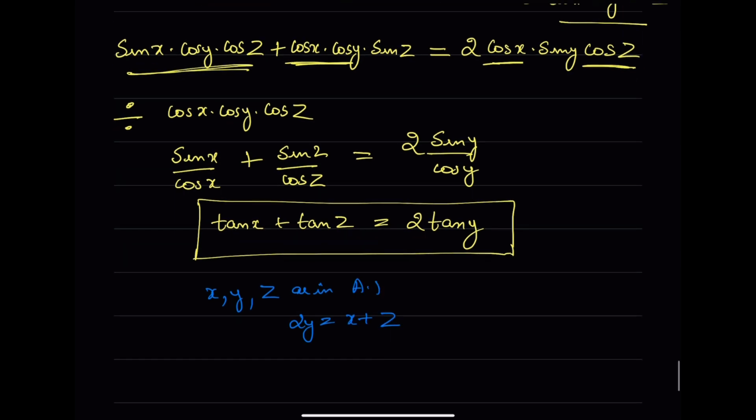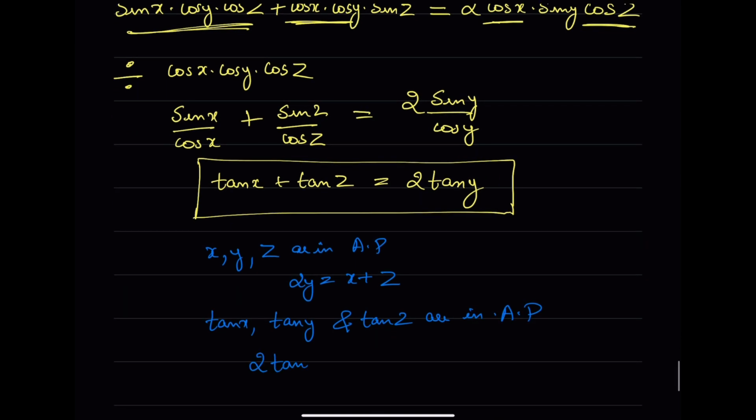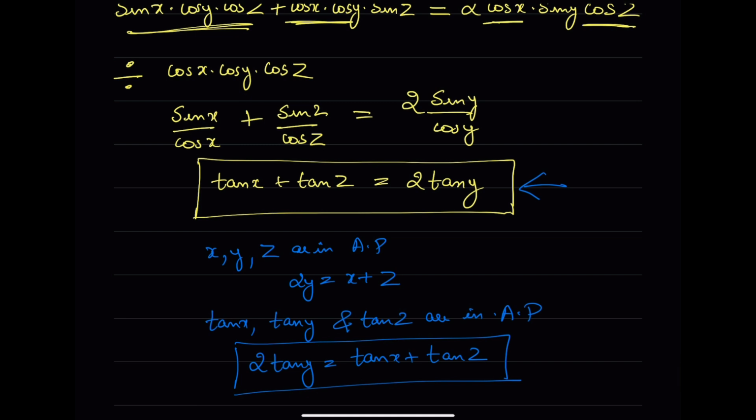Similarly, if tan x, tan y and tan z are in arithmetic progression, then 2 times tan y is equal to tan x plus tan z. So that is what we actually got here. So 2 tan y is equal to tan x plus tan z. That's why tan x, tan y and tan z are also in arithmetic progression. So this is how we can apply the logic of arithmetic progression in trigonometric functions.